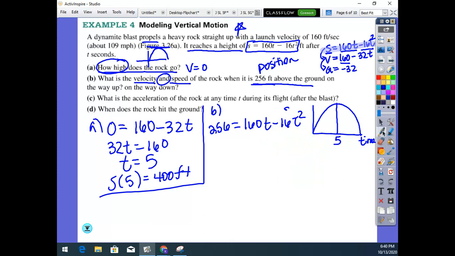Okay. I now have a quadratic, but my t squared is negative over here, so I'm going to move everything over to the left side. And I now have a quadratic, so I'm going to set it equal to 0. There is a GCF of 16.